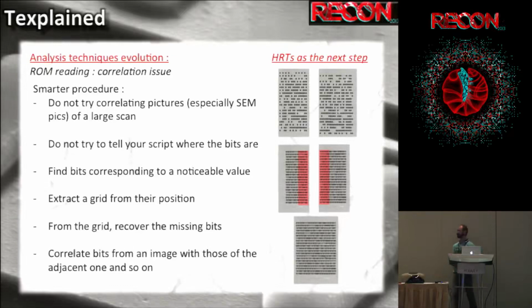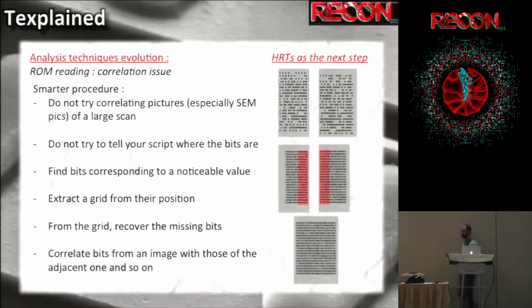How do you do that? Well, for some ROMs, the bits are just via or not via. Tungsten plug or not tungsten plug. And the tungsten plugs on the pictures are pure white, so it's very noticeable. You can just tell your software, find me all the white spots on the picture.